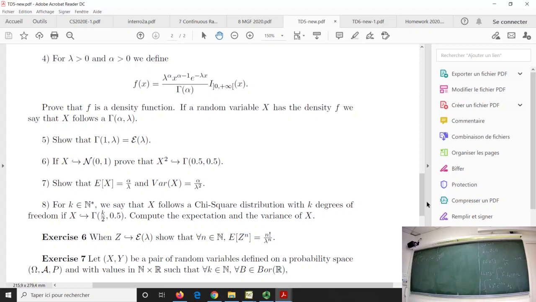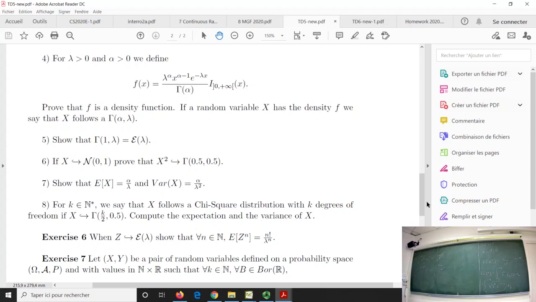So I want this term. I have to take the same lambda here, no problem, and alpha equal to n plus 1 in the definition here. So I have here gamma of n plus 1 over lambda to the n plus 1.